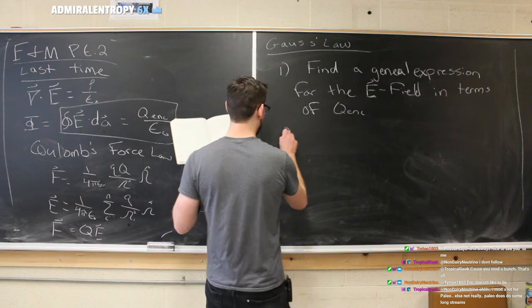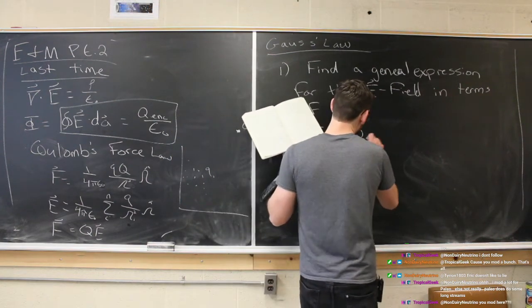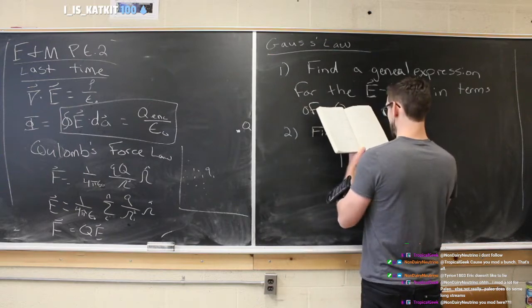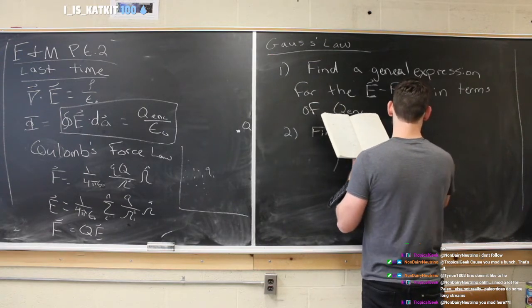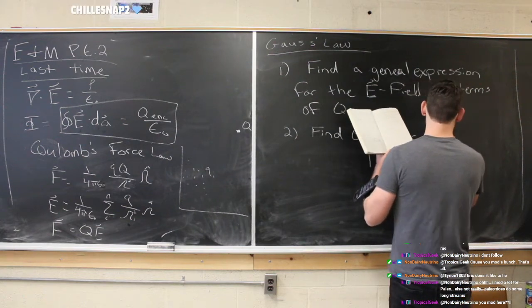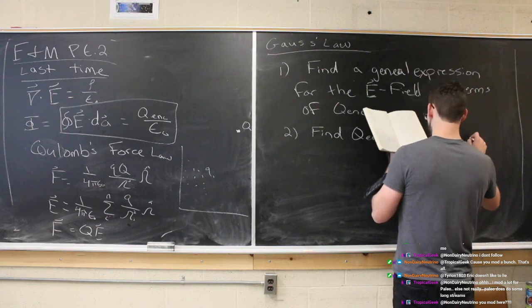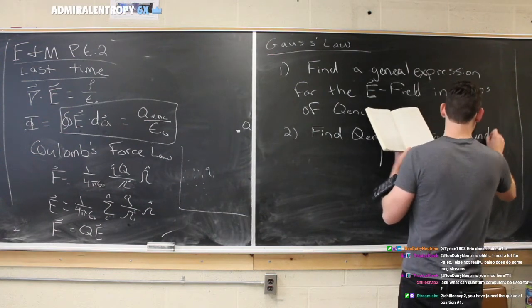So that's the next step: find Q enclosed for each radius under consideration.